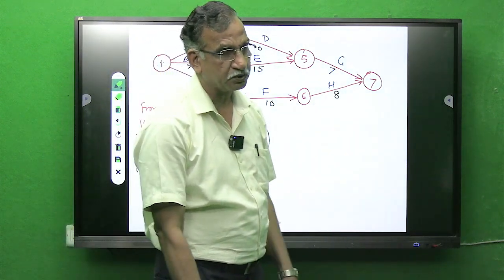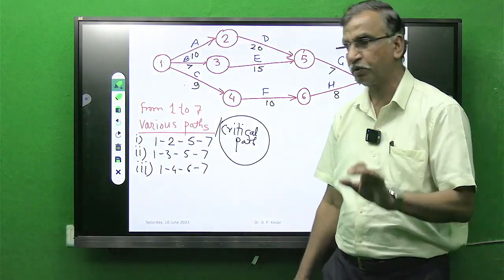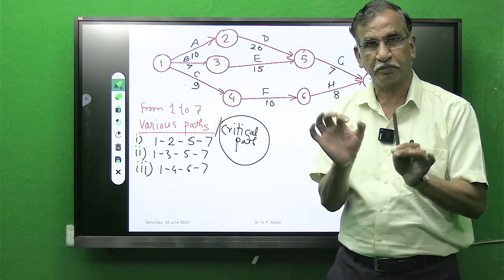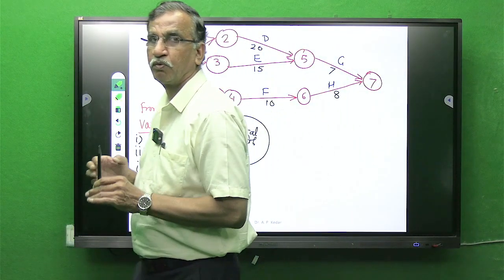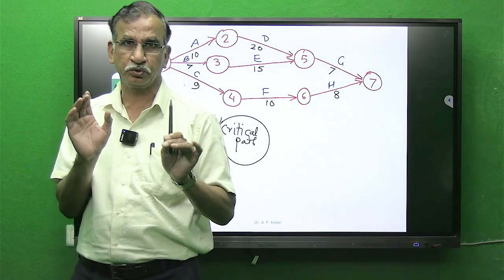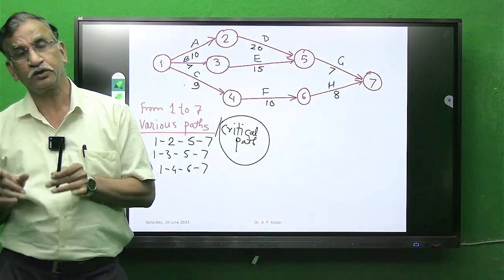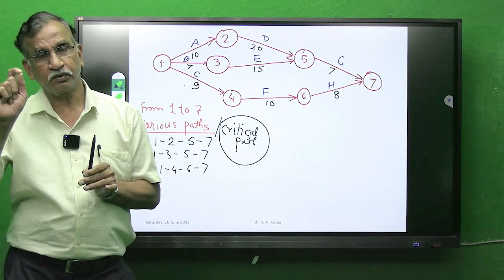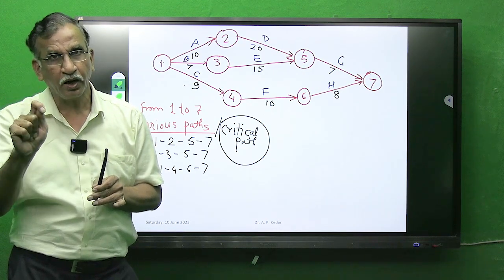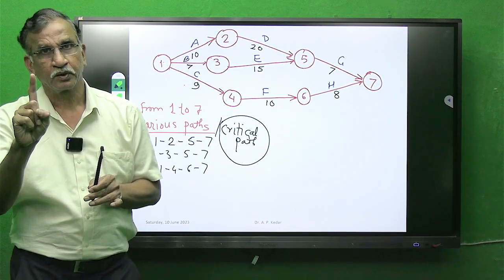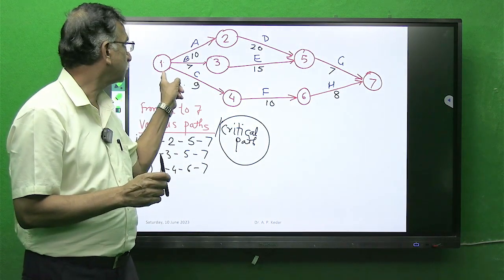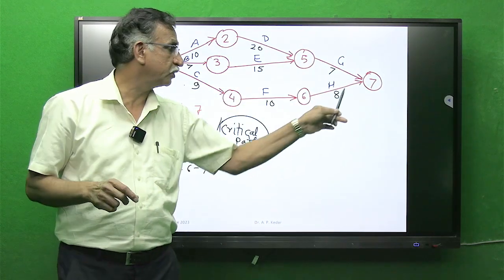One thing also you must keep in mind, very, very important. Whatever complicated the network may be, in the real life scenario also I am telling, whatever may be the complications of the network, let there be lakhs of activities in the network, any network, underline this statement, any network will have only one starting event like this and only one terminating event like this.